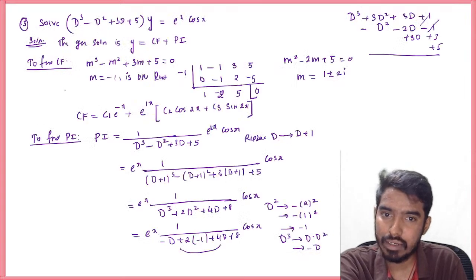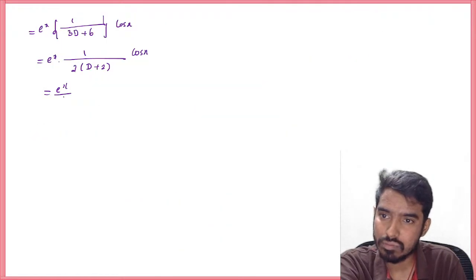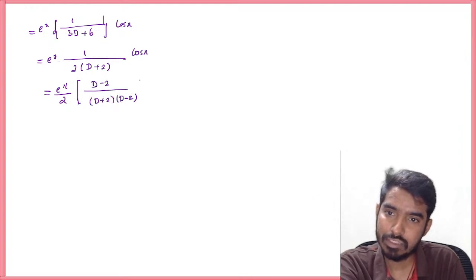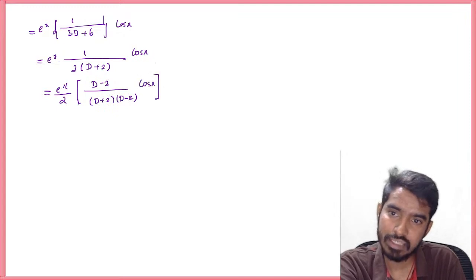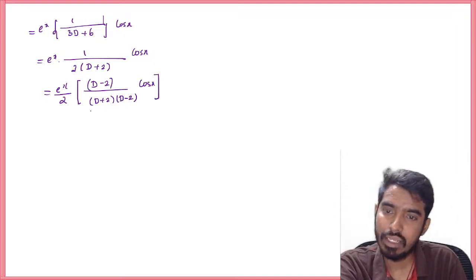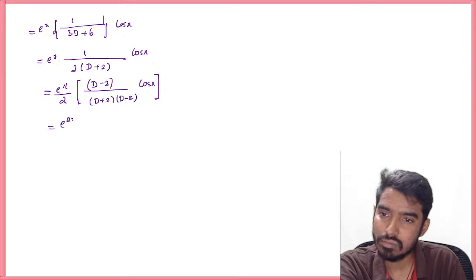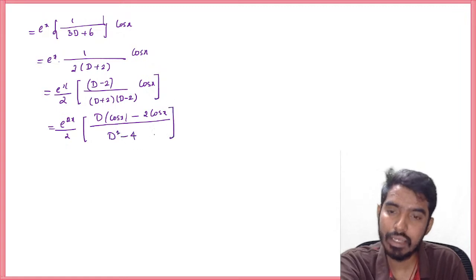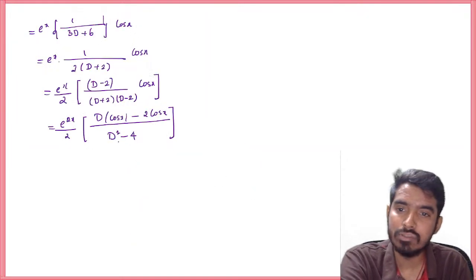So e power x by 2, d minus 2 divided by d plus 2 times d minus 2, cos x. So this will be d of cos x, e power 2x by 2, d of cos x minus 2 cos x divided by a plus b times a minus b, so it will be a square minus b square, and we know d square is minus 1.